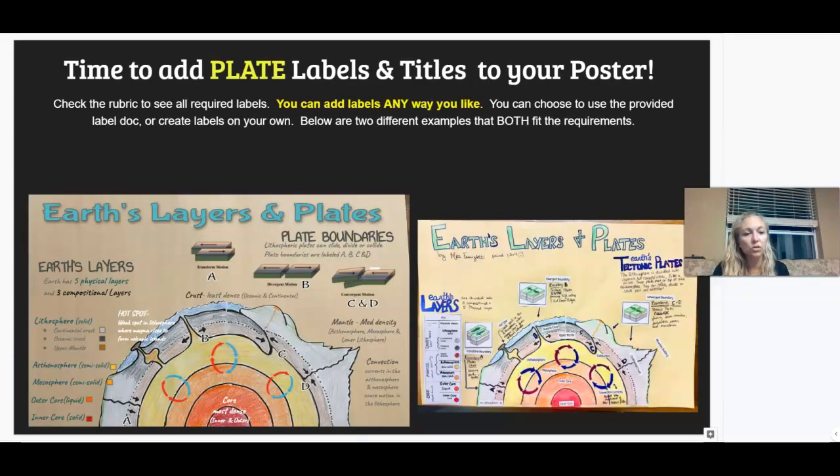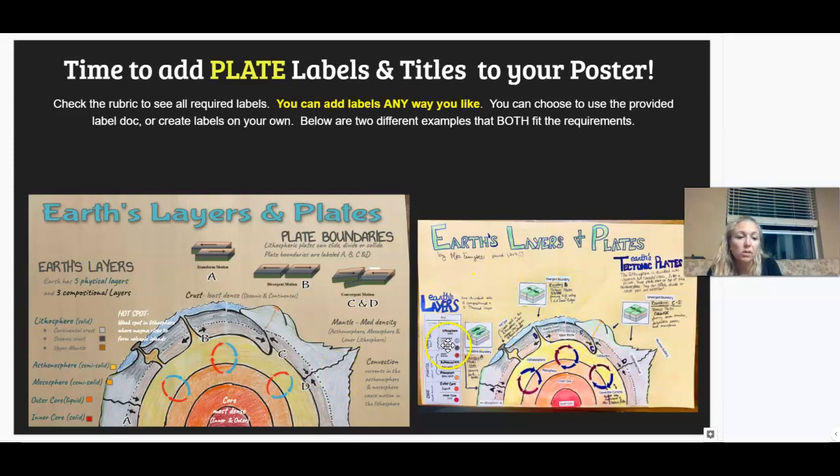These are two different examples of what your final poster will look like. I have a big overlying title with two subtitles, some information about those subtitles, and then some information about my labels, a little bit less information, but still information about those labels.